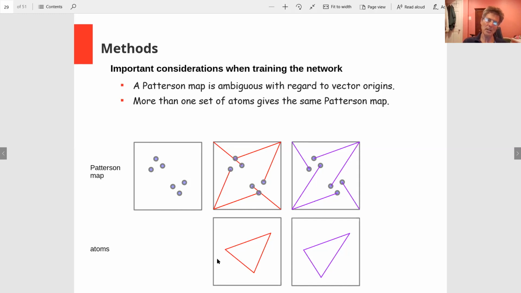So you see here is a set of 3 atoms, and here is a different set of 3 atoms. And if I create a Patterson map from each of these, the Patterson map will look like this in both cases.